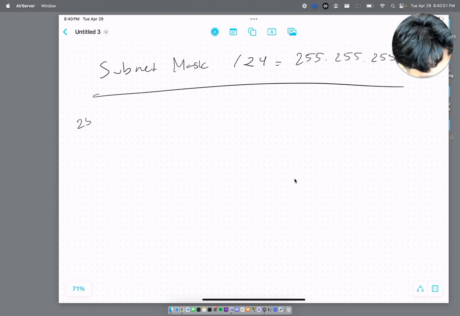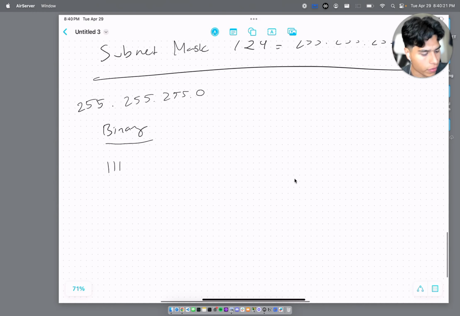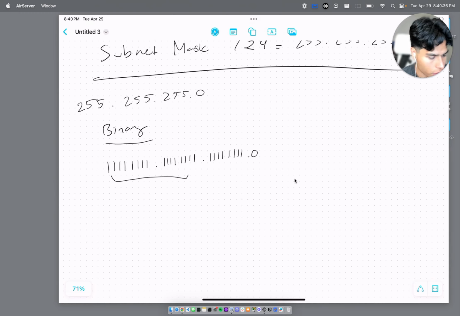So 255.255.255.0 in binary, this is where looking at addresses in binary helps, right? So 255 is just 11111111. 255.255.255.0 is just 11111111.11111111.11111111.00000000, right?